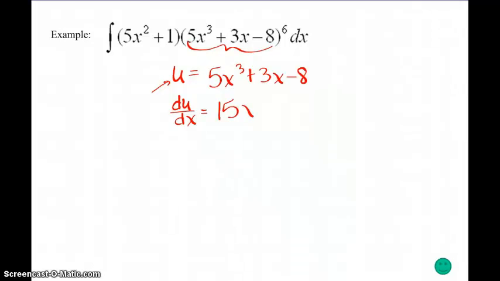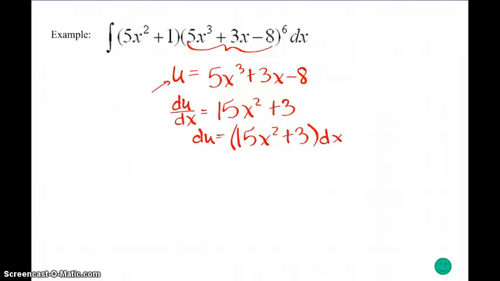That's 15x squared plus 3. I'm going to find the differential as opposed to the derivative, because I want du, I don't want du dx, and I'm going to completely rewrite that integrand in terms of u and du.